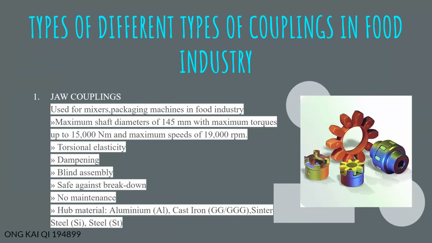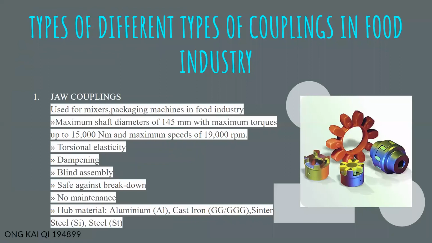Okay, types of coupling in the food industry. Firstly, we have the jaw couplings, which you can see in the picture beside. They are mostly used for mixers and packaging machines in the food industry.